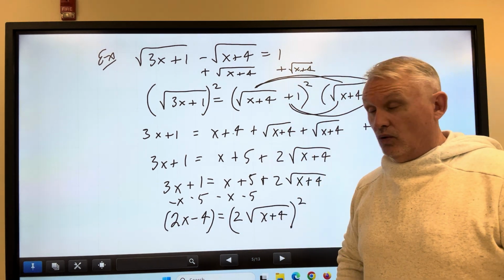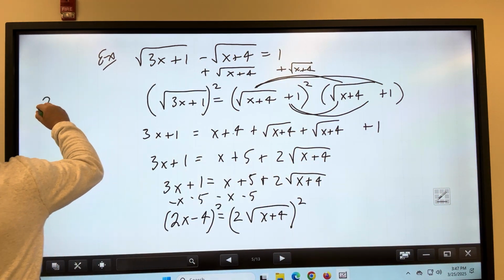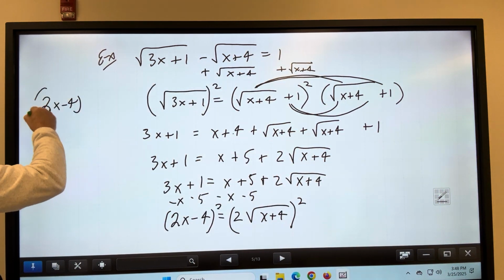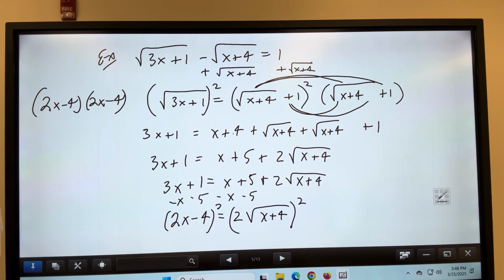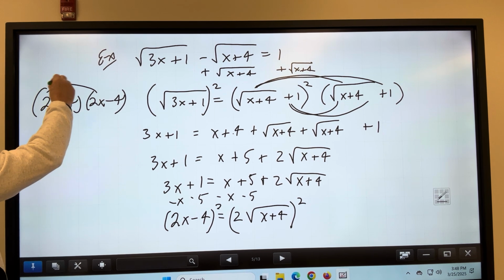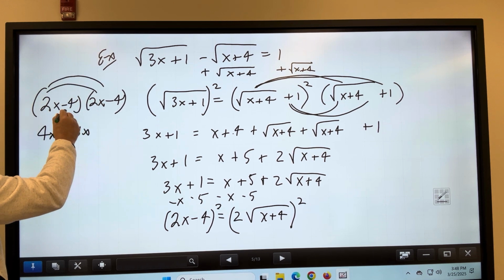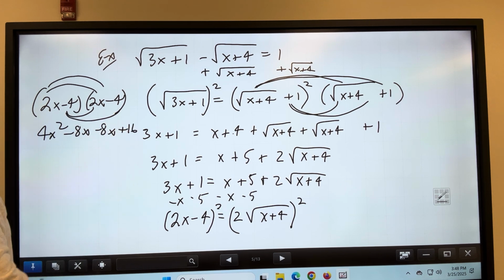Ooh-wee! Square both sides. I'm going to do this one over here. So this is 2x minus 4 times 2x minus 4. A lot of stuff there. Well, I got 4x squared minus 8x plus 16.